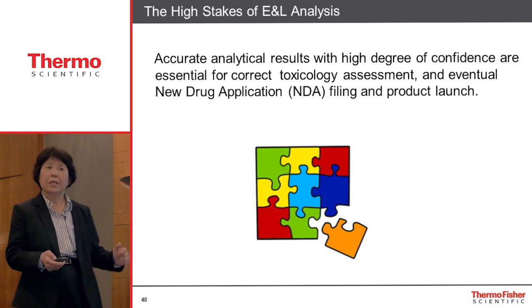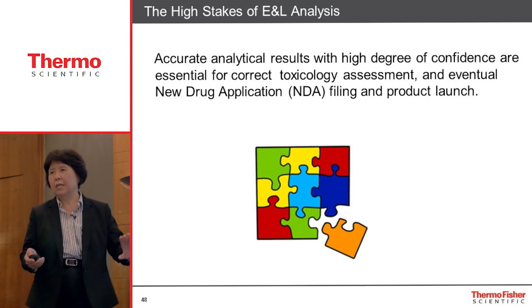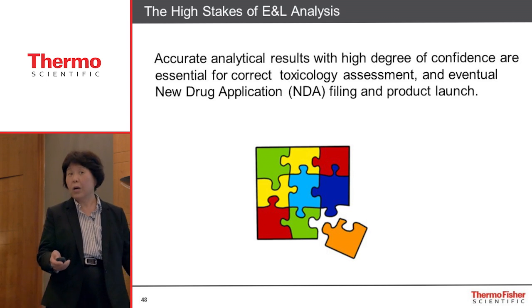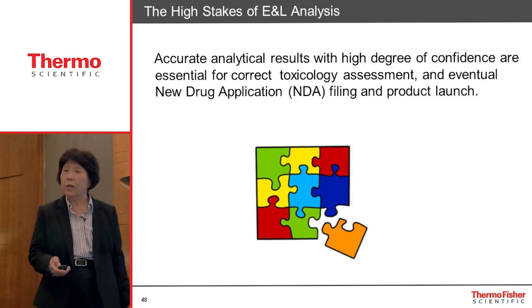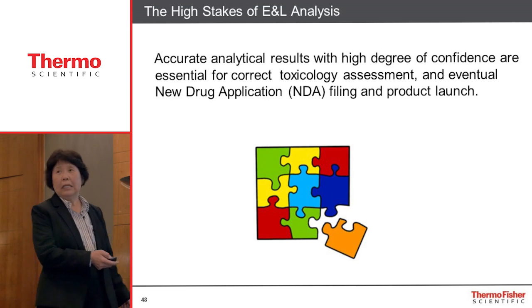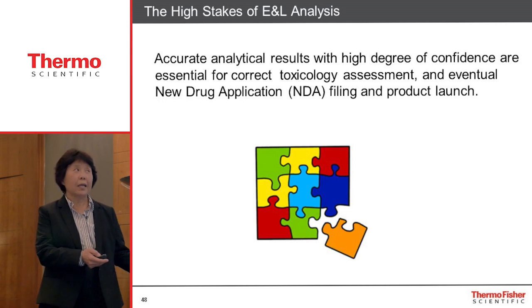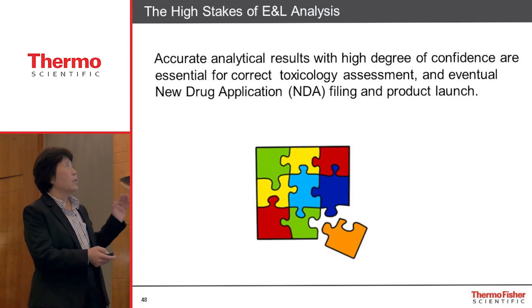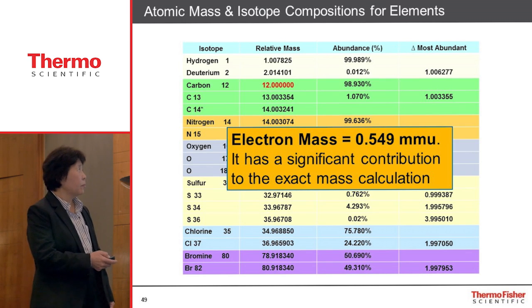At this point, they're not sure if it's a formulation issue or a leachable. So we're working with them. It's a shame, right? They spent so much time and effort, and now couldn't put this product on the market. So that tells us the high stakes for E&L analysis.